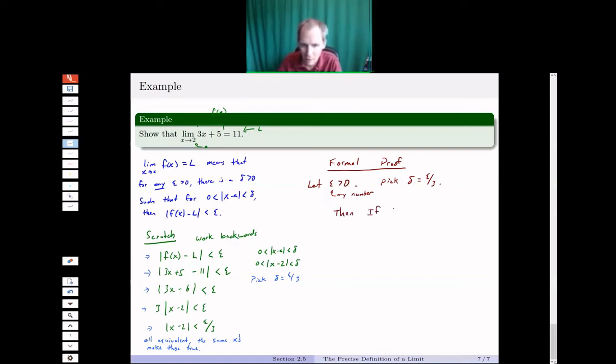Then if I'm looking at x values that make this true, the absolute value of x minus a less than delta, then that's the same as saying the absolute value of x minus a is less than epsilon over 3. And I know that a is 2.